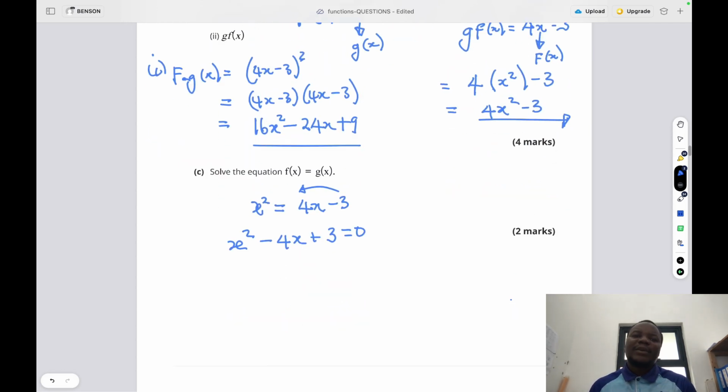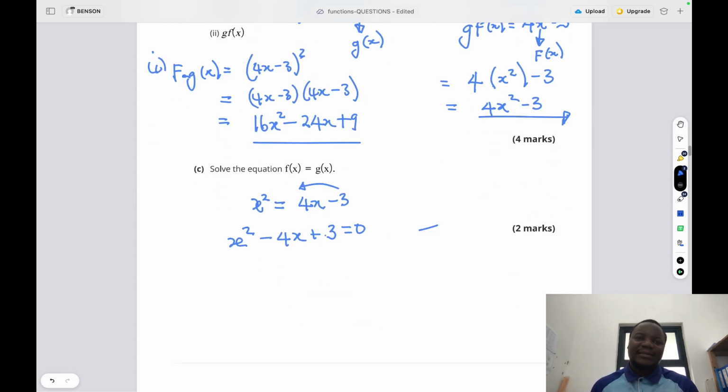You can see that we can actually factorize this. We've got numbers that we can multiply to give us 3, and if we add them we get negative 4, and those numbers actually for positive 3 are negative 3 and negative 1, which simply means our x squared would be minus 3x minus 1x plus 3 equals to 0.